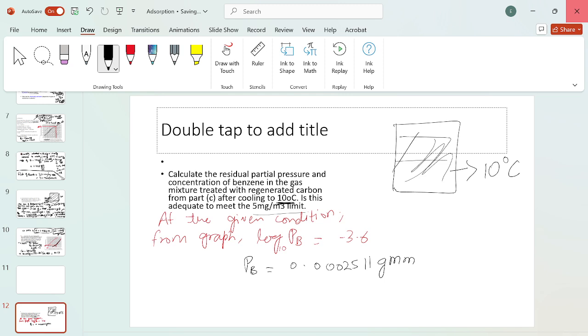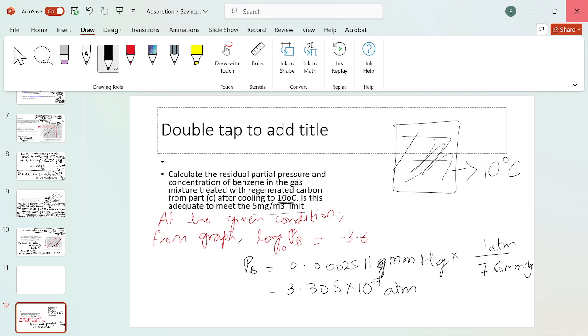I don't know why I'm speaking about the gram again and again. It's millimeter mercury. And if we convert it to atm, we will multiply with 1 atm equal to 760 millimeter mercury. Because we will use the values in atm later, that's why the conversion is being done here. Otherwise it is not needed if you require the values in millimeter mercury.